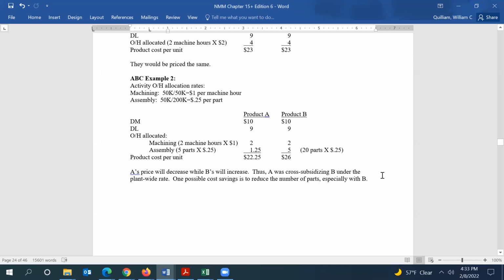Well, thus, before under the plant-wide rate, A was cross-subsidizing B. That meant A was overcosted, overpriced. So A's customers were paying more than they should. B's customers were paying less than they should. Now that's been corrected. So one possible cost savings, by the way, is to reduce the number of parts, especially with product B.